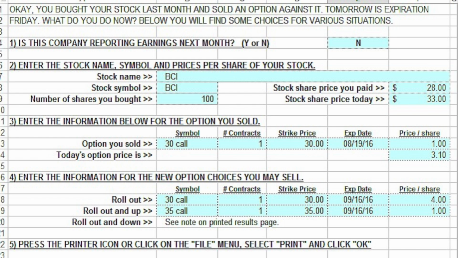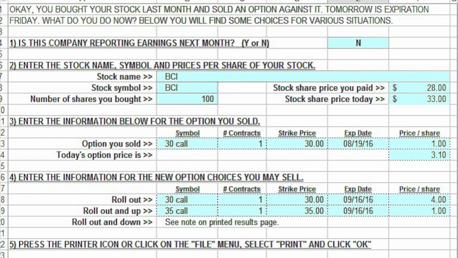Now, if we should roll out to the next month's 30 strike, we could generate a premium of $4. That's $3 of intrinsic value, the amount the 30 strike is lower than the current market value of 33, plus $1 of time value. And that would be rolling out. Now, if we rolled out and up to the 35 strike, then that would generate $1.